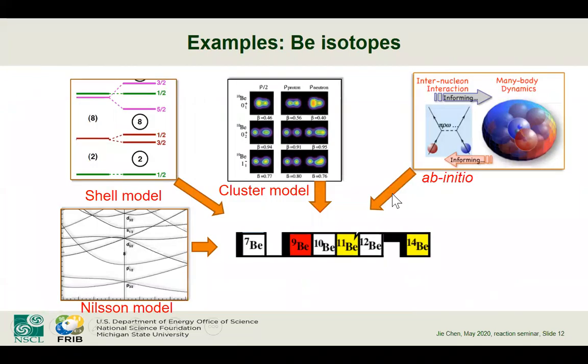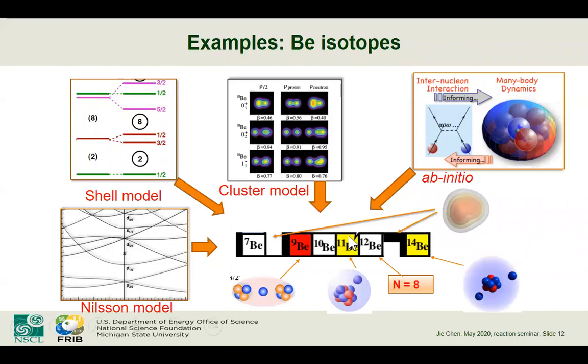So the beryllium isotopes provide a great testing ground for many nuclear models. The small number of valence neutrons allows the study within the ab initio method, and also it allows tests of the single particle structure within the shell model. And also there are some indications of cluster structure within this isotopic chain, so we can test the cluster model with their structures, and the deformation degree of freedom allows tests within the Nilsson model.